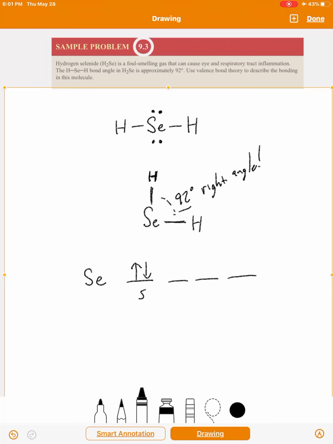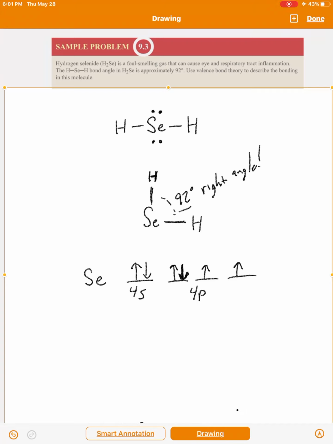Sulfur would be 3s, so it's 4s2, 4p4. Now it's true there's also 3d electrons, but those are in an earlier shell. We're talking about the valence shell, so the outermost principal quantum number n.